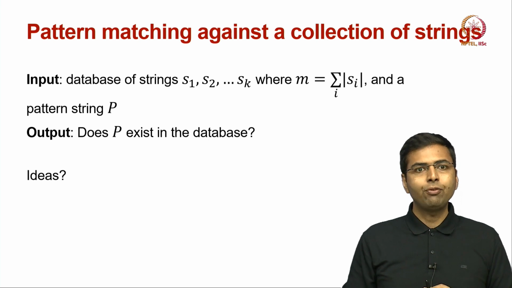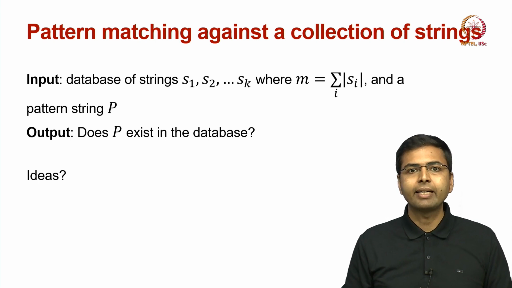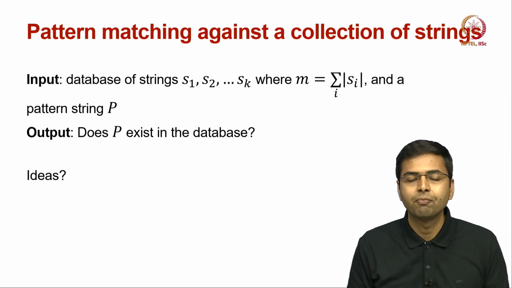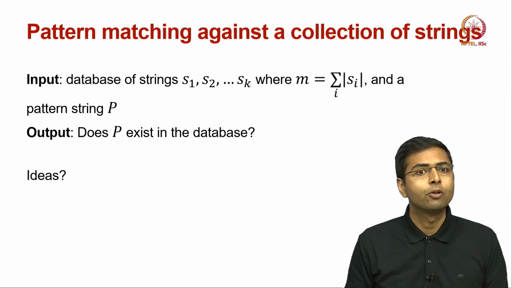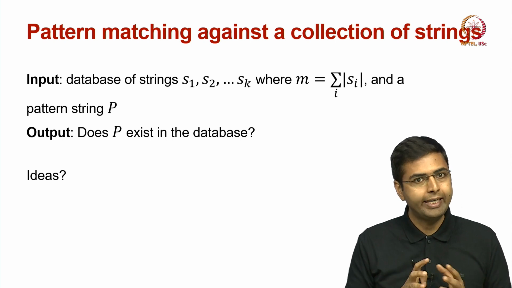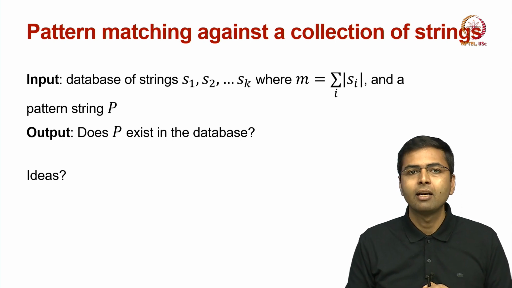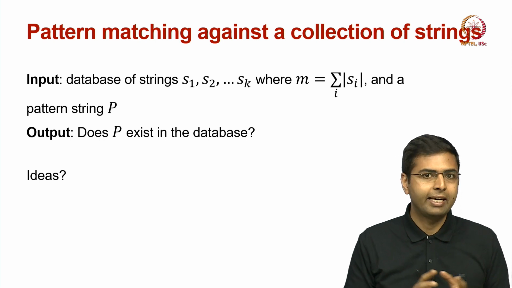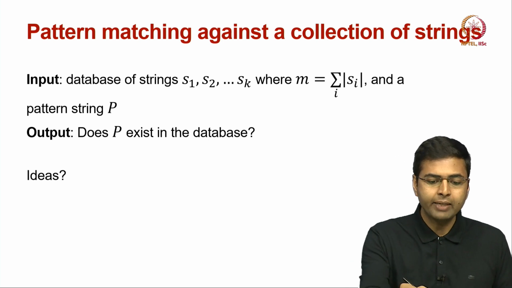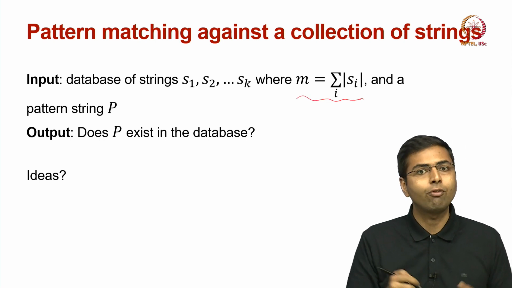Okay. So, the first application is pattern matching against a collection of strings. Here you are given as input a database of strings S1, S2 until Sk, and again we assume that M is the combined length of all the strings.